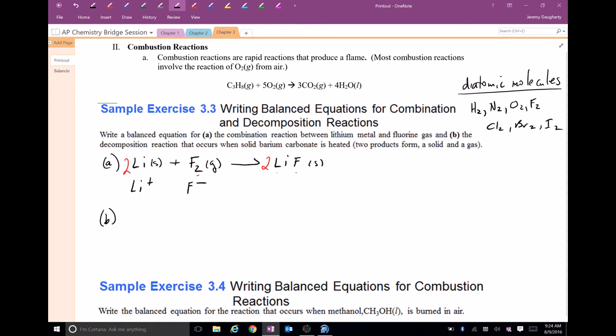So barium carbonate, what's the charge of a barium ion? Positive 2. And what is carbonate? What's the formula? CO3, negative 2.